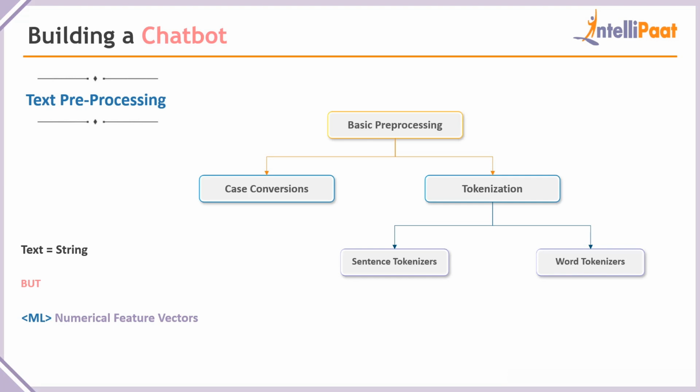Okay, so coming back to the methods. There is case conversion and tokenization. With case conversion, lower case might mean something different from upper case. When you're starting a sentence, you always start with an uppercase, but in the middle of the sentence, you will not be using any uppercase unless it's a proper noun or certain reserved keywords.